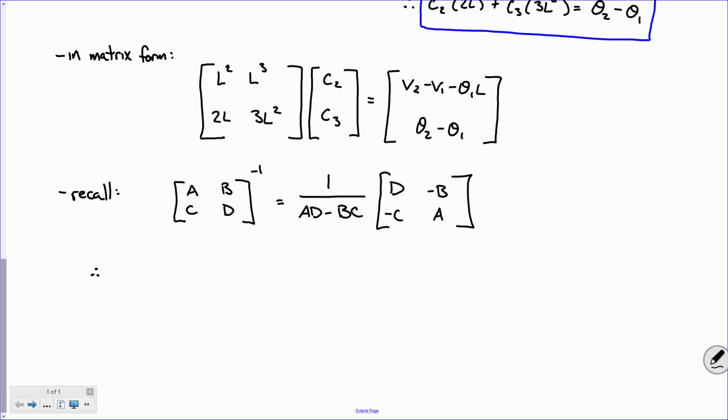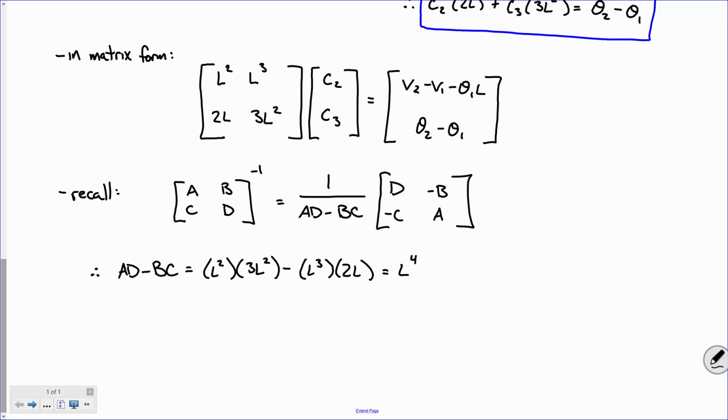Let's do the AD minus BC component. How are we going to do that? Well, it's going to be L squared times 3L squared, minus L cubed times 2L, right? So what is that? L to the 4th. There you go. Alright.